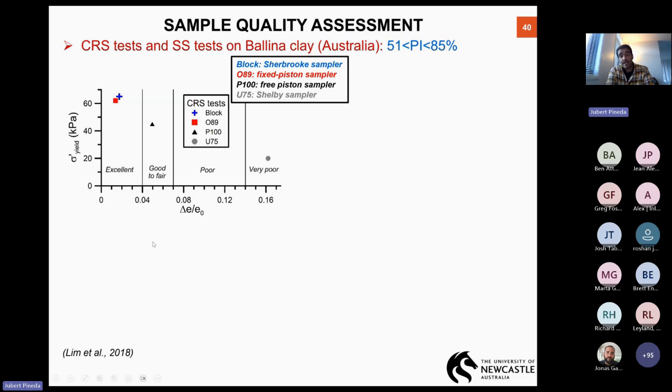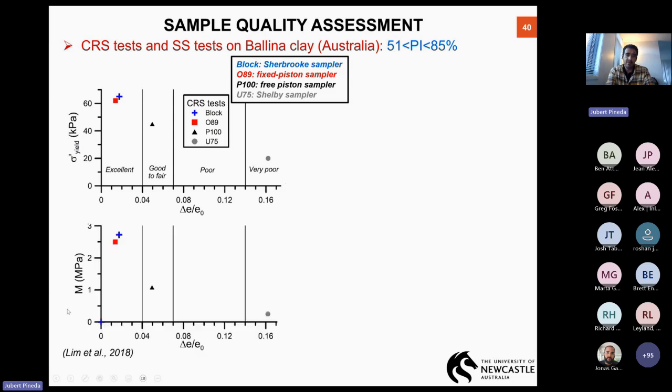So we have used this index from NGI, delta e over e0, for all these samples that we have tested. This is the pre-consolidation stress. According to this index, the only two samplers that provide us with good quality, excellent quality samples are the block sampler and the fixed piston. The free piston is more or less good in this case, and the Shelby tube gives us very poor sample quality.